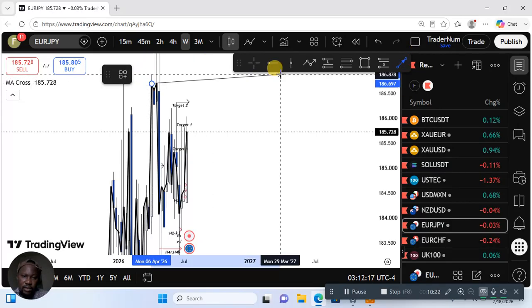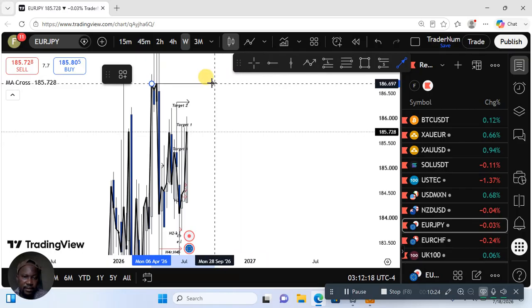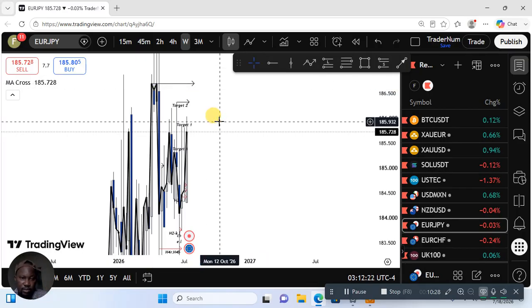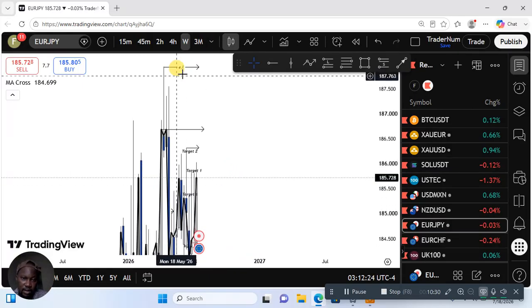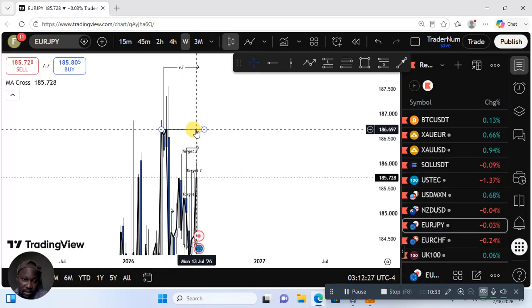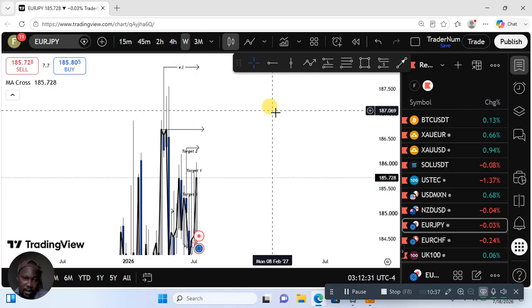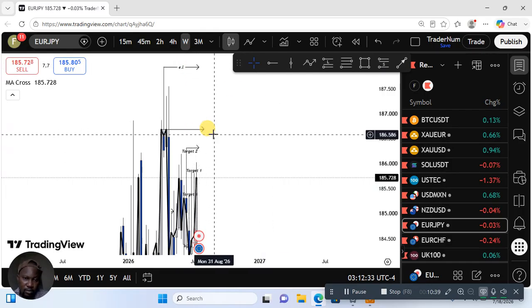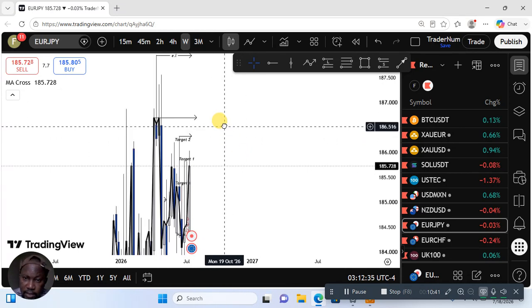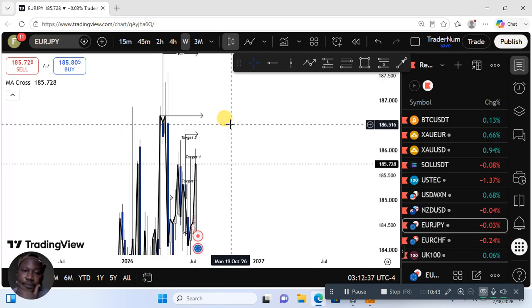But let's keep that thought open for now. Price can still tap here and give us a reversal, or price can take out this overall high. But for now, we'll just target here and close for the day, right?